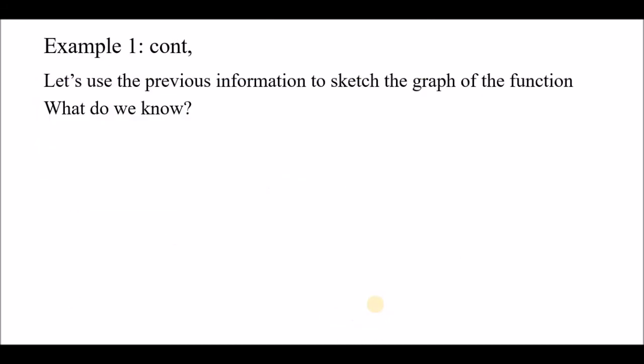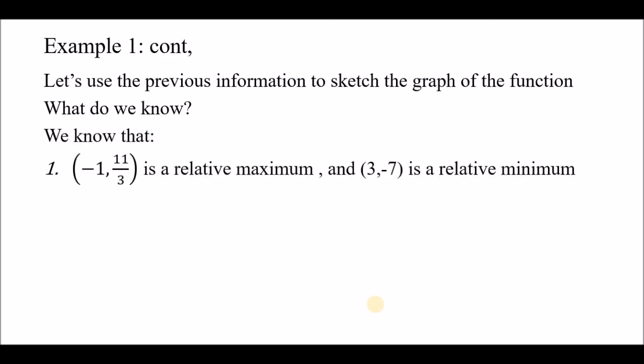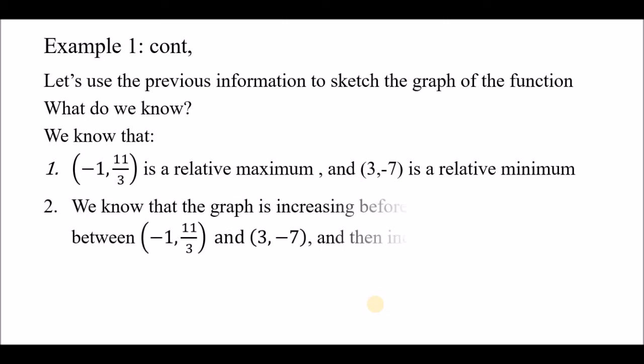Now let's use the previous information in order to sketch the graph of the function. What do we know about that function? We know the following. We know that -1 and 11/3 is a relative maximum, and we know that 3 and -7 is a relative minimum.